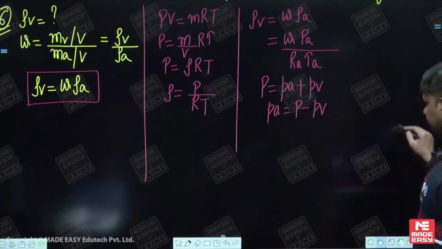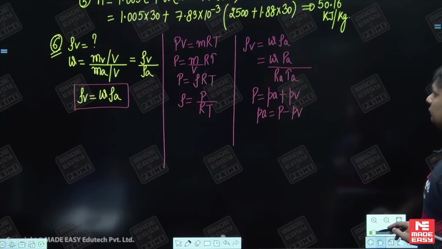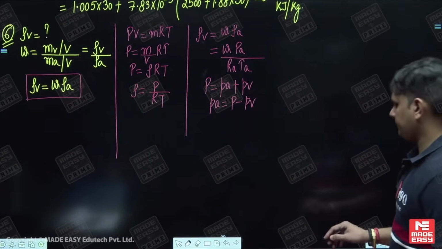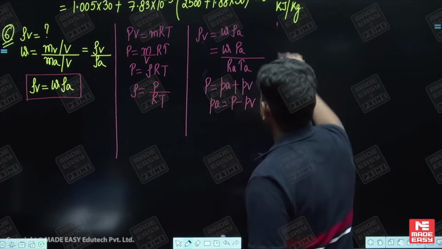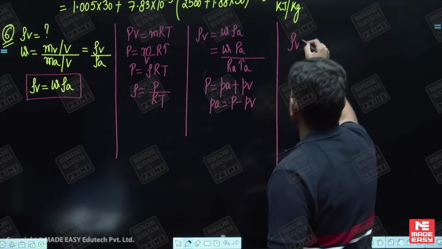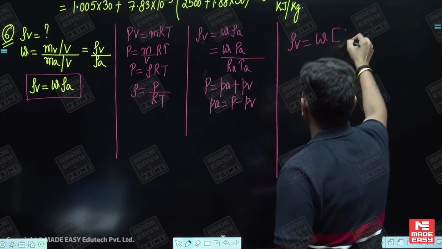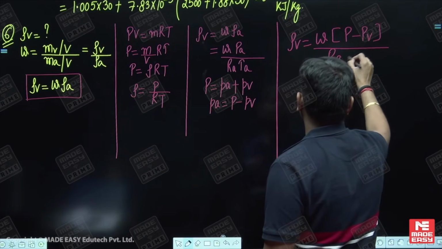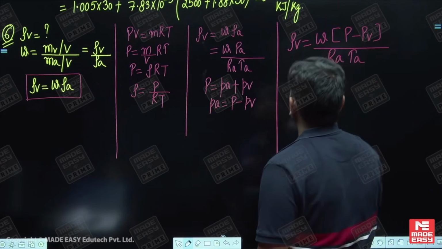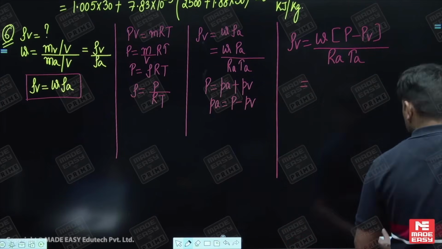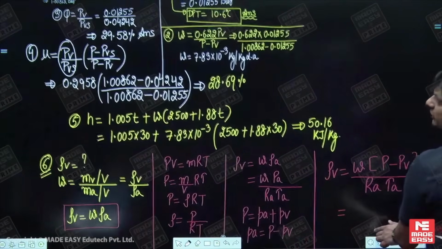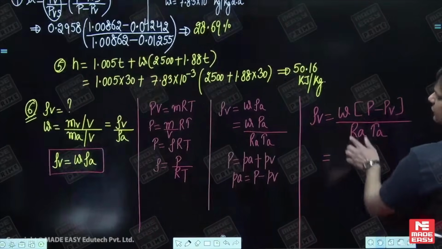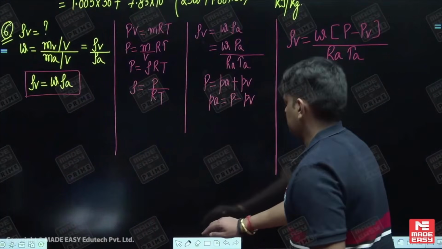So now see here, vapor density is coming out as omega times (P minus PV) upon R of air into T of air. What is the value of omega? Specific humidity is 7.83 into 10 raised to power minus 3.